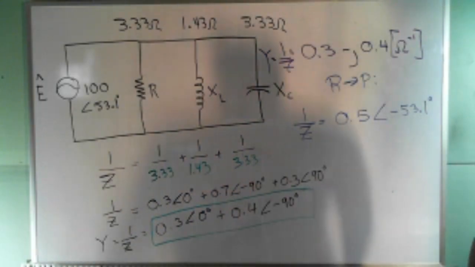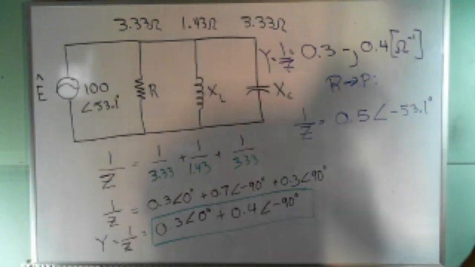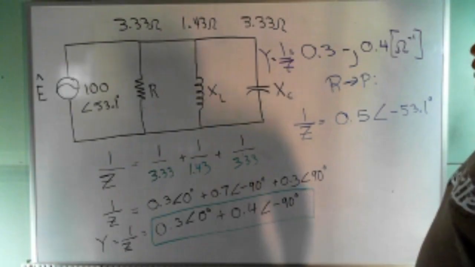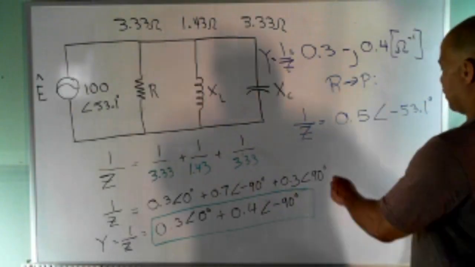So that's our admittance, but I don't think we have to find admittance. Nope. That's our admittance. They asked for the impedance, so I just got to take this and invert it.